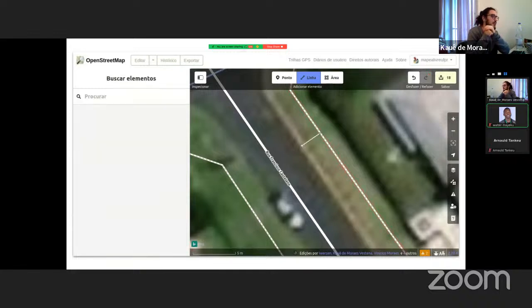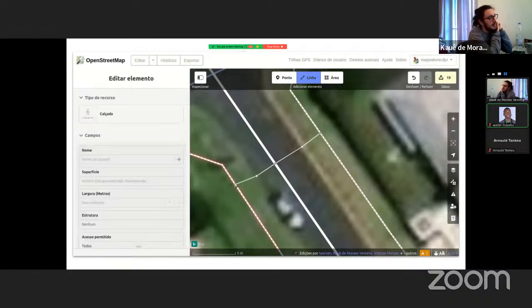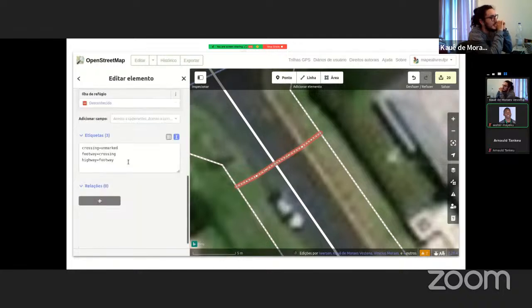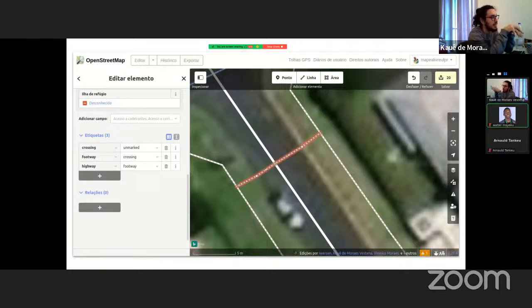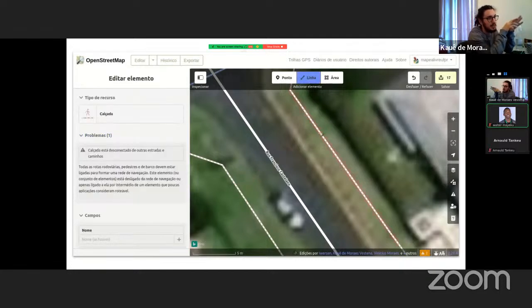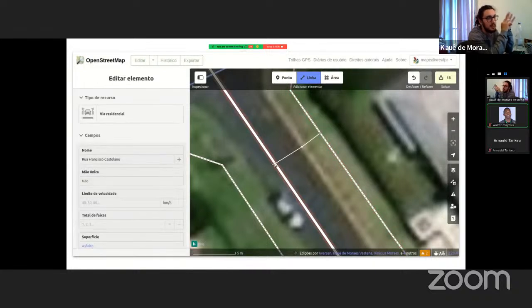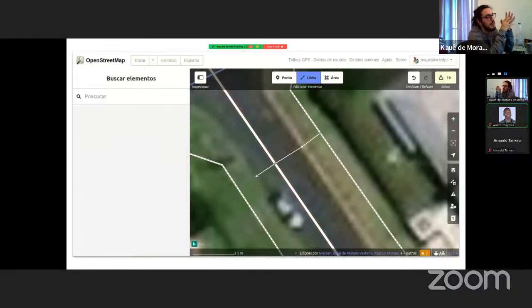Then here's a small GIF showing how to draw it. It's the same thing: you select the line tool, go there and put the characterization. It's interesting because you can copy these tags and paste them onto other ones, which would make it even quicker to edit lots of them.